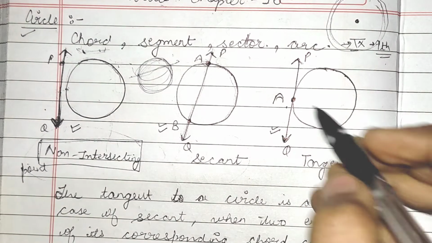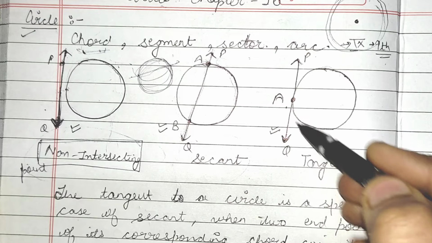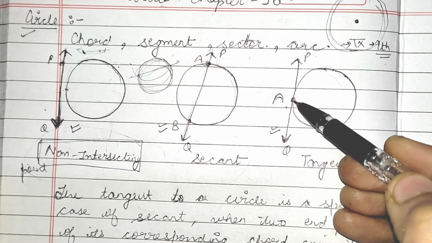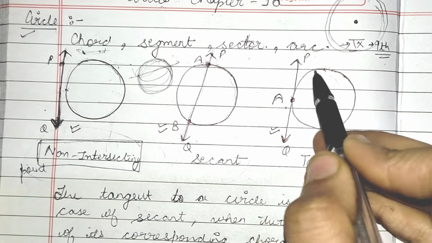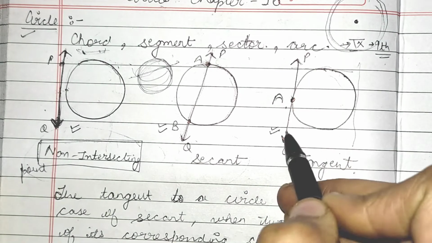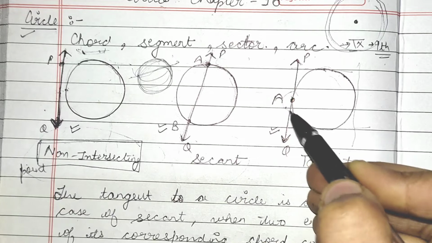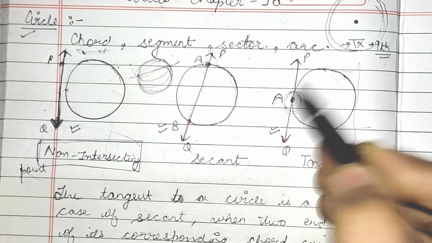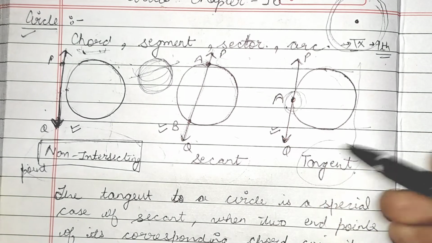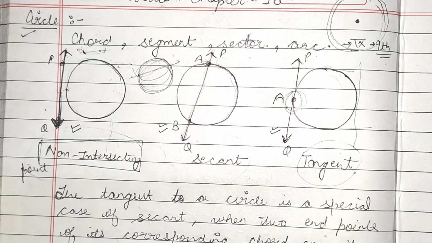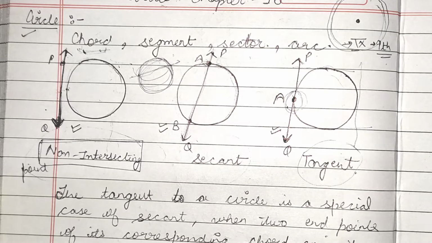Next, the single point. If the line is touching the circle at only one point, it can touch here, here, or here, at any point, but the point of contact should be only 1. That will be called a tangent. What is the history behind the word tangent?